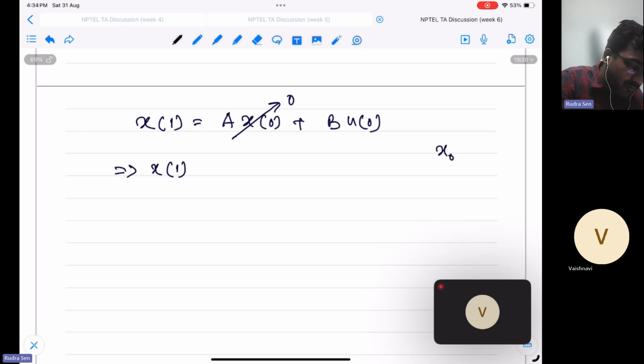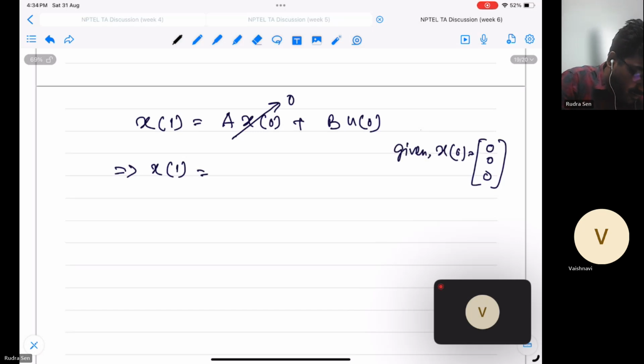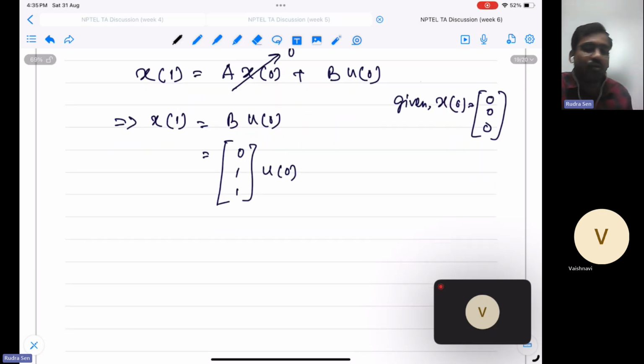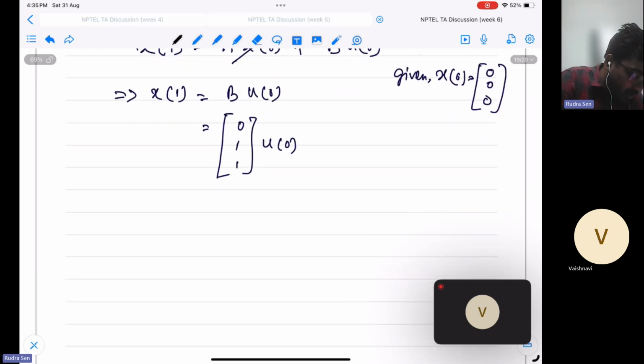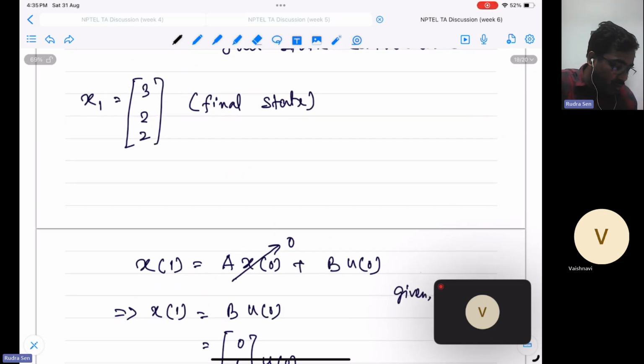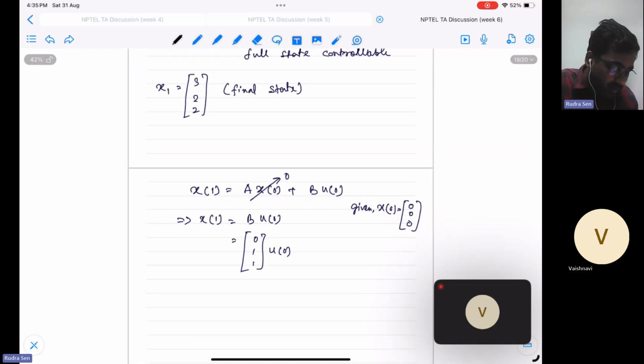Because x of 0 is given, this becomes b into u of 0. So what is b? 0, 1, 1, times u of 0. We do not know what u we can choose. My target state is 3, 2, 2, and here we have 0, 1, 1.